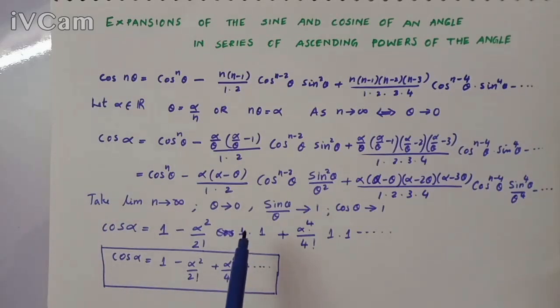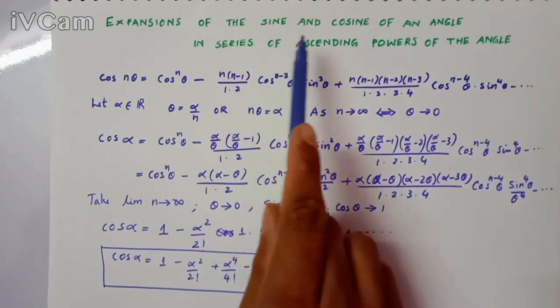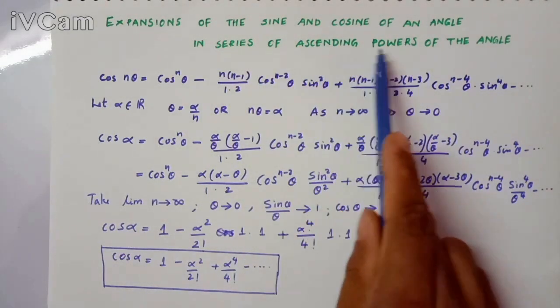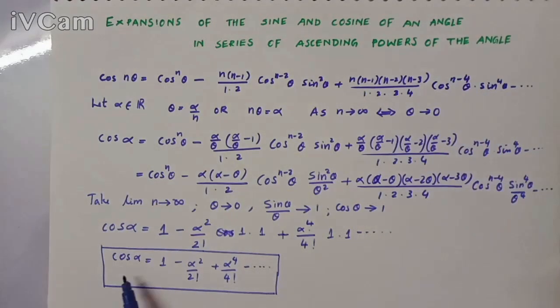That is the title here, expansion of the sine and cosine of an angle in series of ascending powers of the angle. So this is cos alpha and this is the series in the ascending powers of the angle alpha.